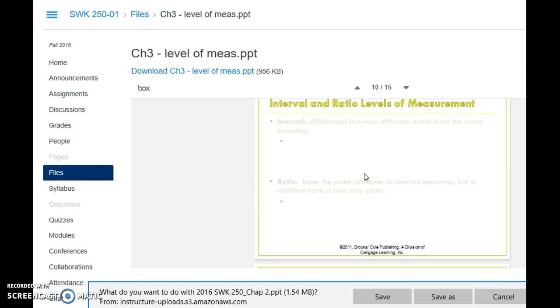So 4, very satisfied, is more than 3, satisfied, but it doesn't mean that it is one unit more satisfied. Again, you don't want to pay attention to the numbers.